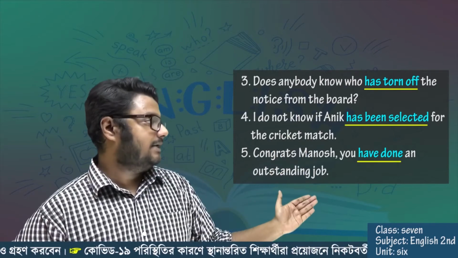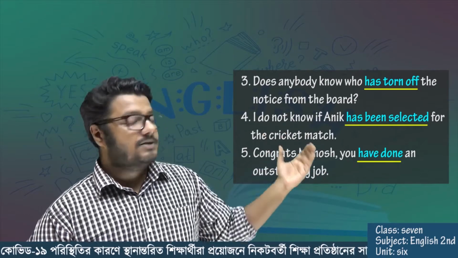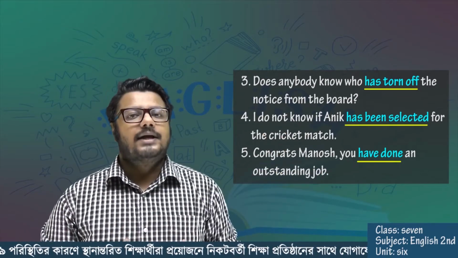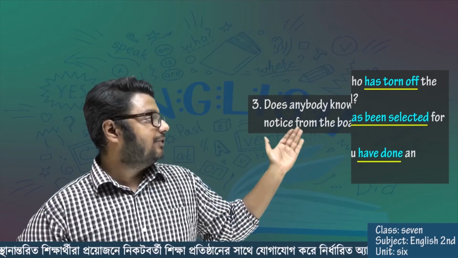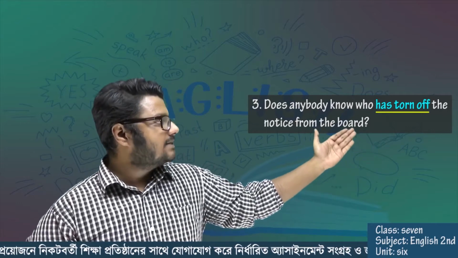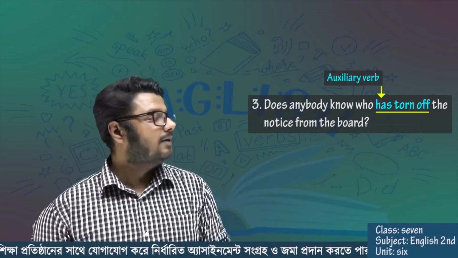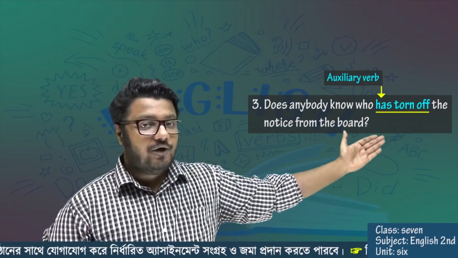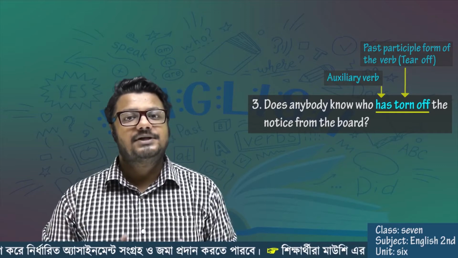In all these three sentences, the verb starts with the auxiliary verb and then we can see the past participle form of the main verb. For example, in the third sentence, the verb is has torn off. Here we can see it starts with the verb has, which is an auxiliary verb, and then we can see torn off. Torn off is the past participle form of the main verb tear off.